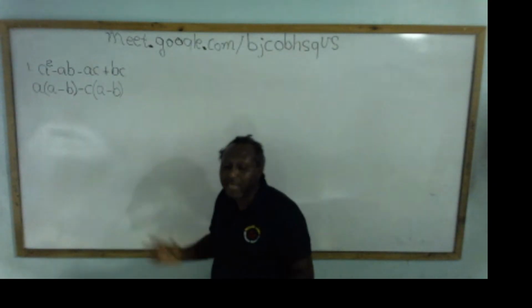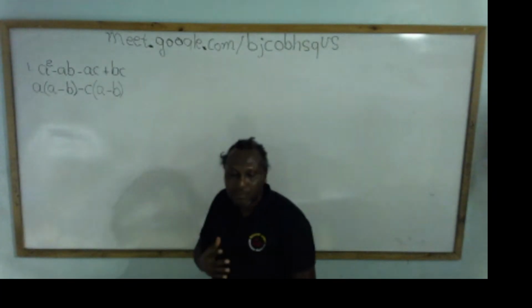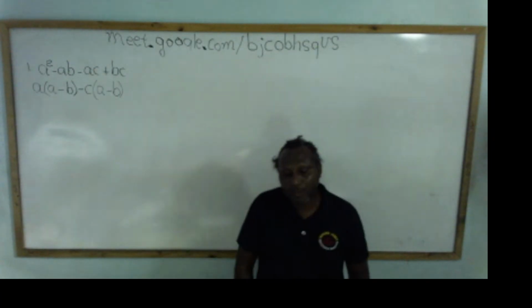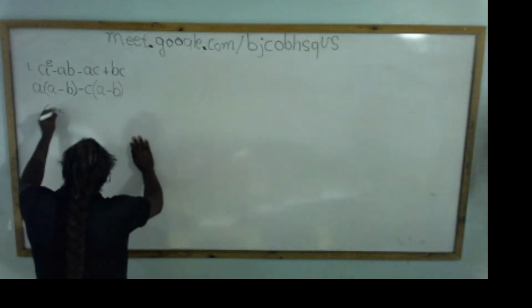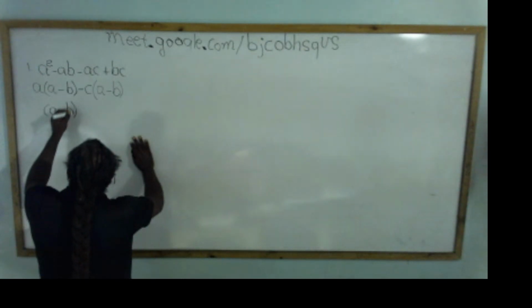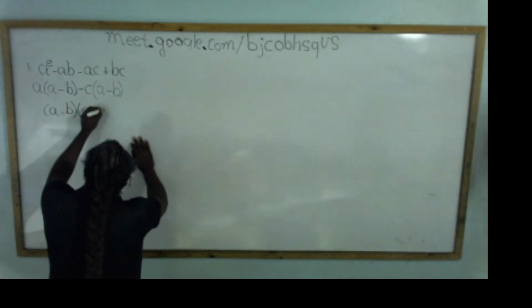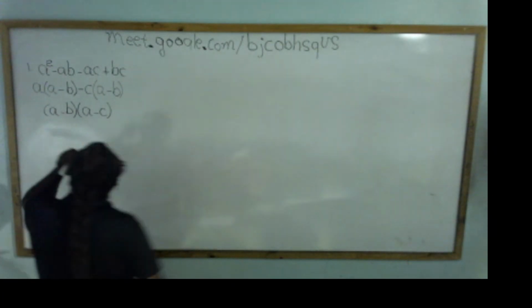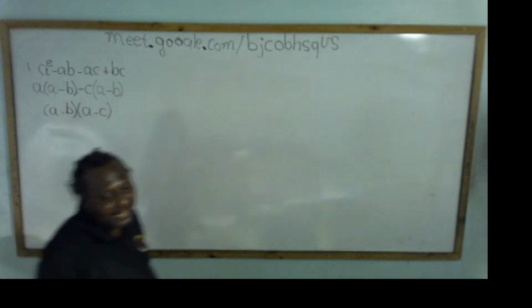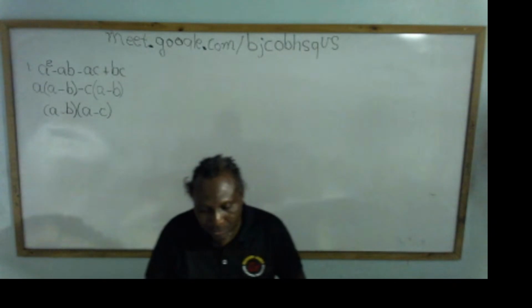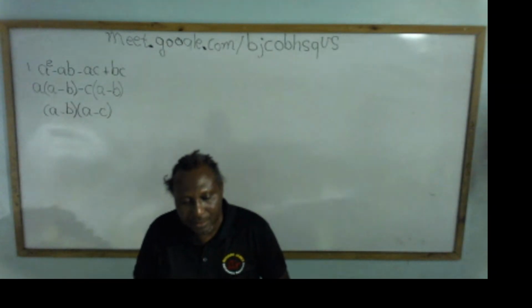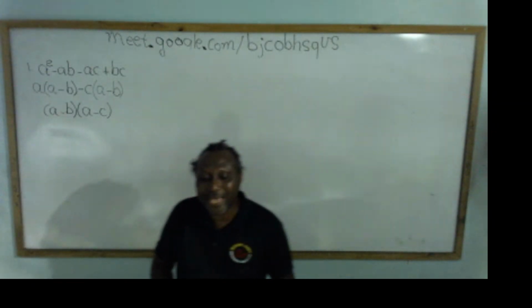But just to confirm, the common factor is A minus B, and do not forget that, and then the other one is A minus C. Do not forget that algebra is case sensitive.